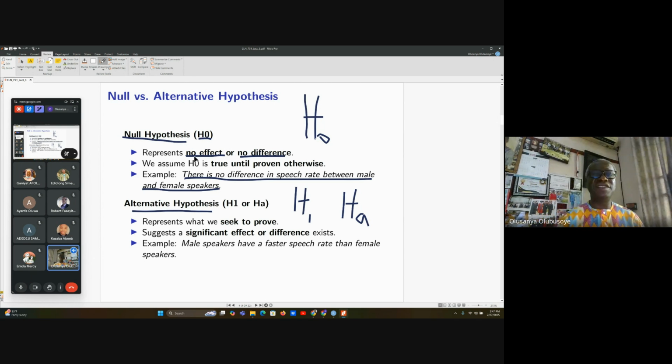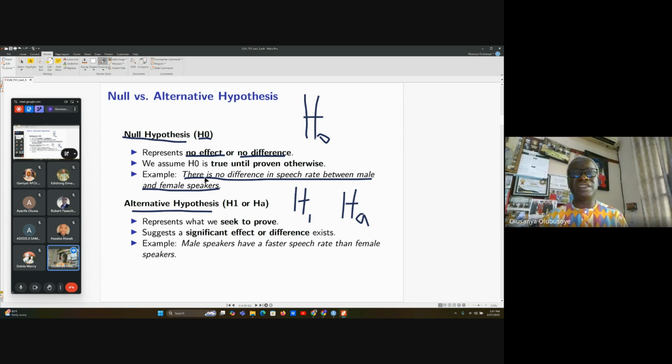When the null is saying there is no effect, the alternative will say there is a significant effect.